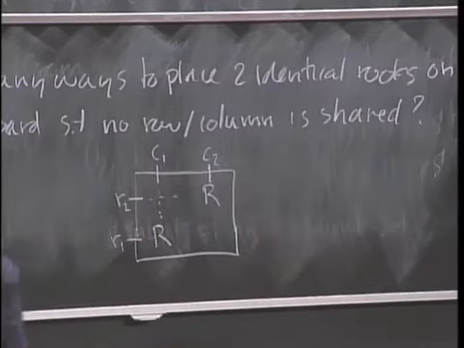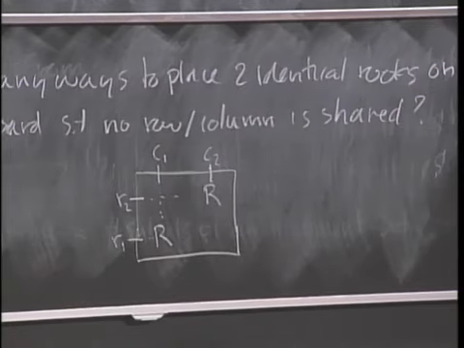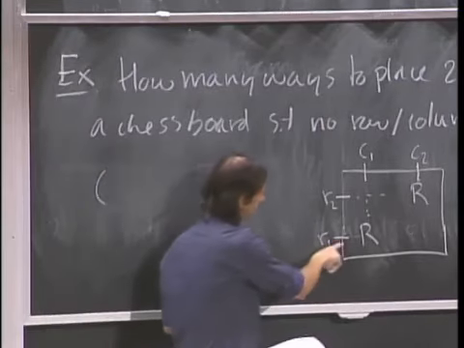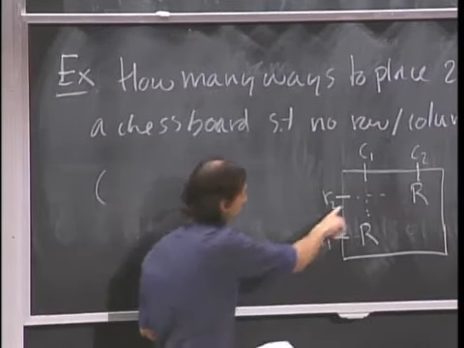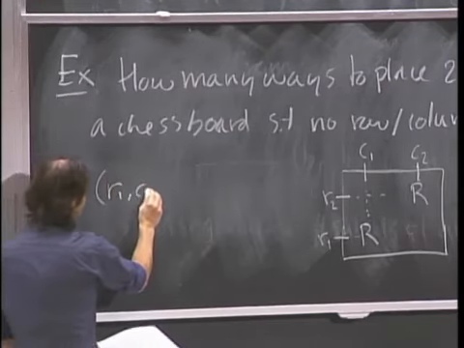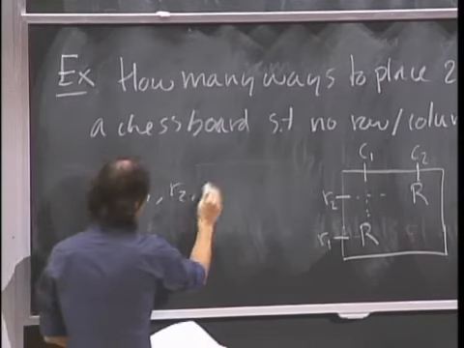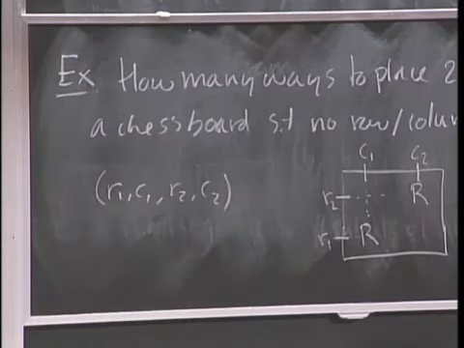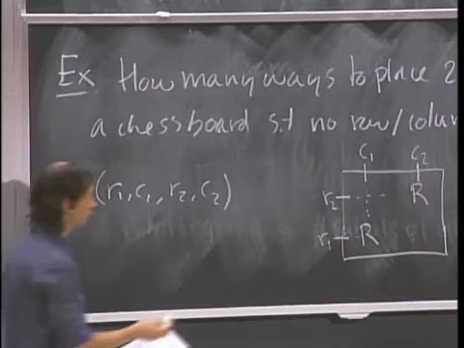So how can we describe such configurations? Well, I could describe this by using a sequence in which I look at the placement of the first rook and then describe the placement of the second rook. So I may have R1, C1, and then R2 and C2. So this could be a way to describe the positioning of these rooks.